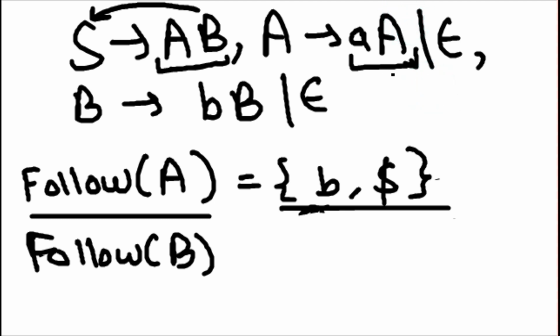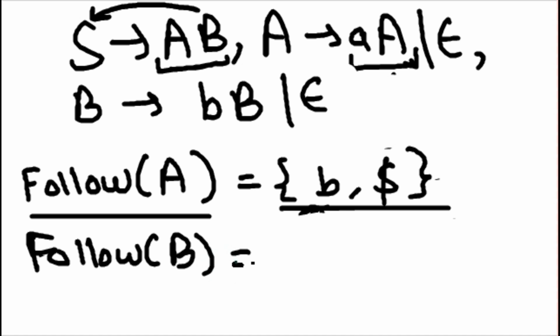After A there is nothing, so you have to go back to this A, and follow of this A will be equal to follow of this A, and follow of a start symbol is always a dollar. So dollar is already there, so you don't need to check this A to find the follow of A.